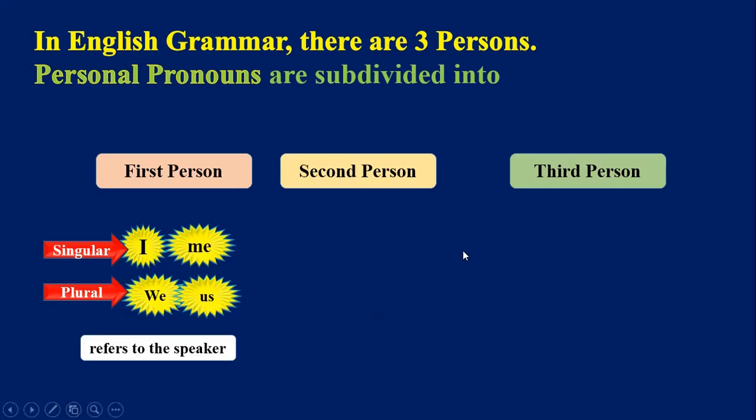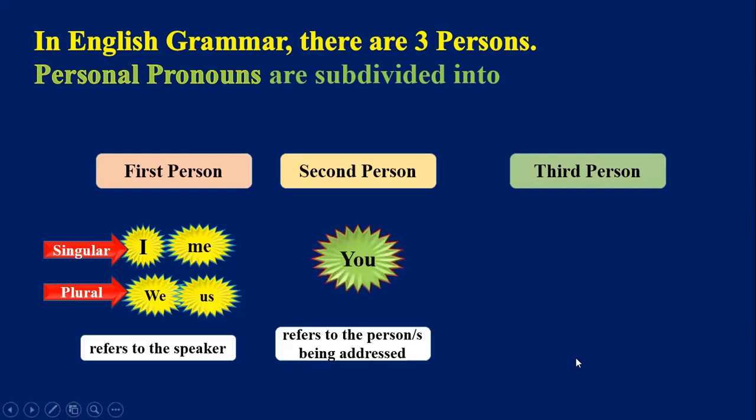Coming to the second person, it refers to the person being addressed or spoken to. The second person pronoun is you. It is important to note that in the second person, the singular and plural are identical. So the pronoun you can refer to a singular subject as well as a plural subject. And only in a given context can we find out if the subject is singular or plural.